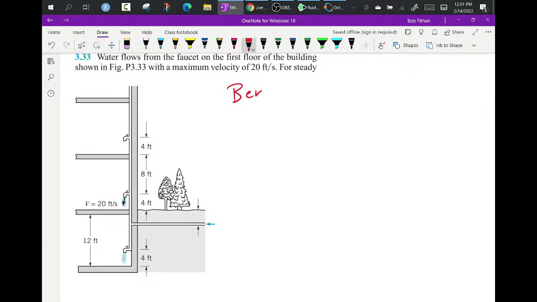So this is Bernoulli's equation, and here's the thing: P plus gamma Z plus rho V squared over 2 is equal to a constant.